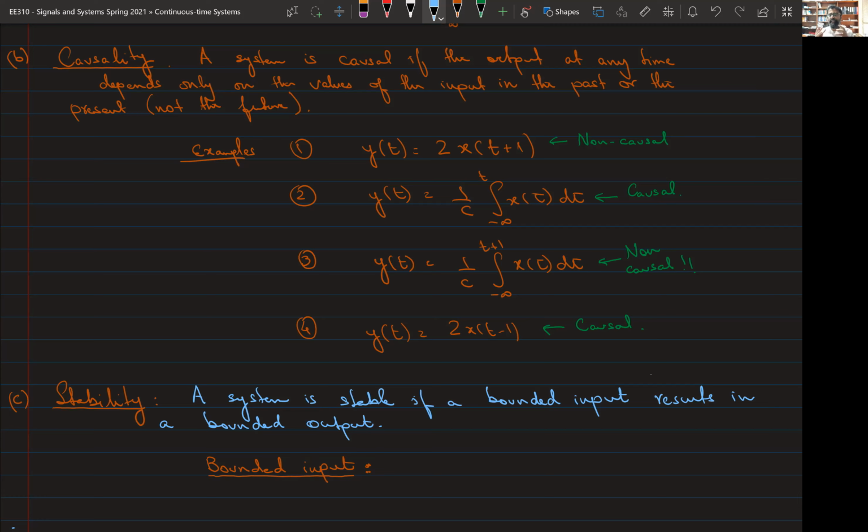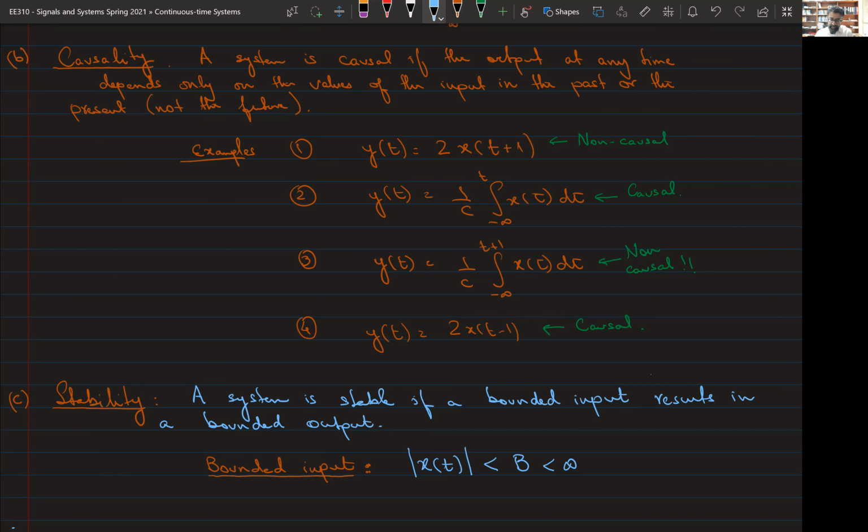When I say input is bounded, what that means is its amplitude always stays within certain bounds. If I were to write this mathematically, I would say an input x of t is bounded if the absolute value of x of t stays less than some bound B, which is less than infinity, for all time t, from minus infinity to plus infinity.